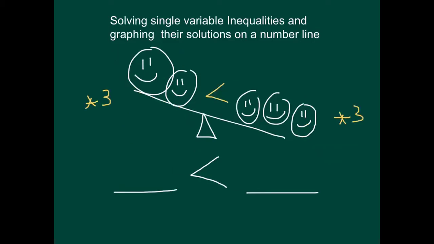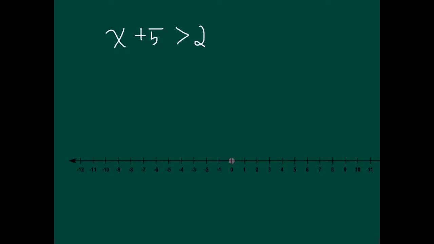Similarly, if we multiplied this side by 3, we would have to multiply the other side by 3, and we would have something 3 times as weighty on each side, but the inequality would not be changed. The right side in this case would still be greater than the left side. So the solving of these inequalities is exactly the same as equations.